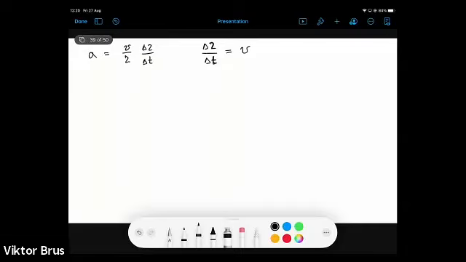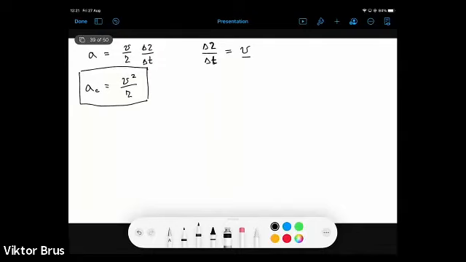So if we now substitute linear velocity instead of delta R over delta T for this acceleration, which we can now call centripetal acceleration, we will get an expression. It will be V squared divided by R. So this is the equation for the absolute value of centripetal acceleration.